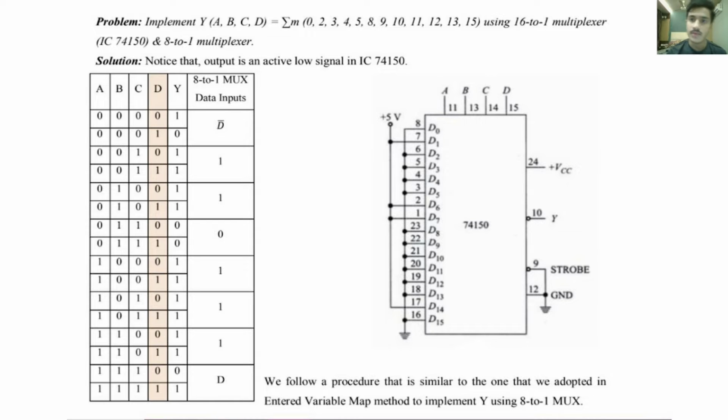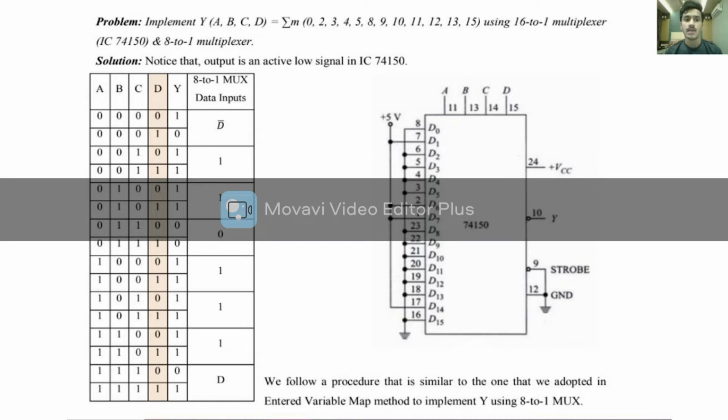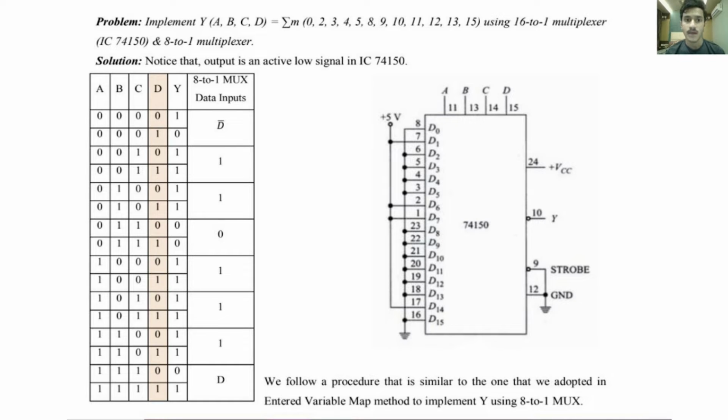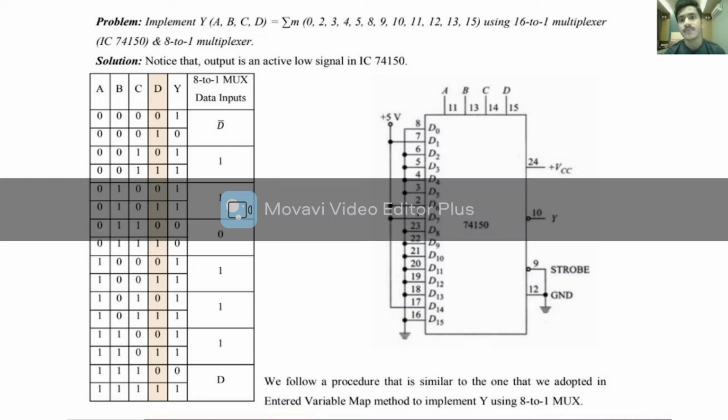Here is an example problem: how to realize a given expression using a 16:1 mux. First we enter all the inputs and mark ones for all the minterms mentioned in the problem. The others are represented as 0. Here in the IC, A, B, C, D are the control inputs and D0 to D15 are the data lines.